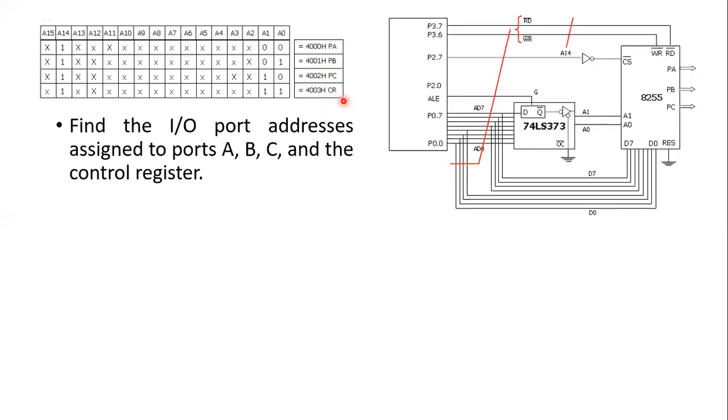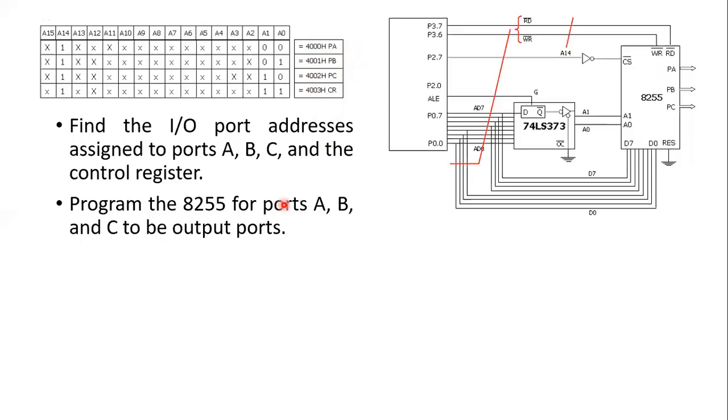So for our given configuration, to select port A we use 4000H, to select port B we use 4001H, to select port C we use 4002H, and to select the control register we use 4003H.